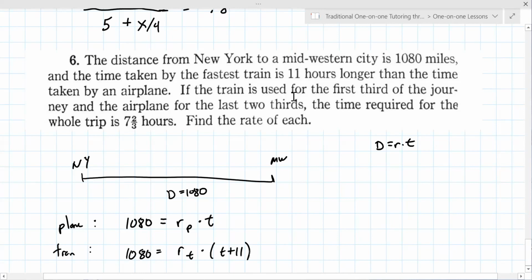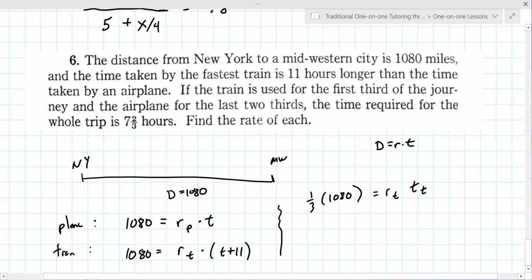If the train is used for the first third of the journey, that's 1/3 of 1,080. What's 1/3 of 1,080? We'll figure that out. So its rate is the rate of the train, whatever that is, and we don't know the time, so it's the time of the train.